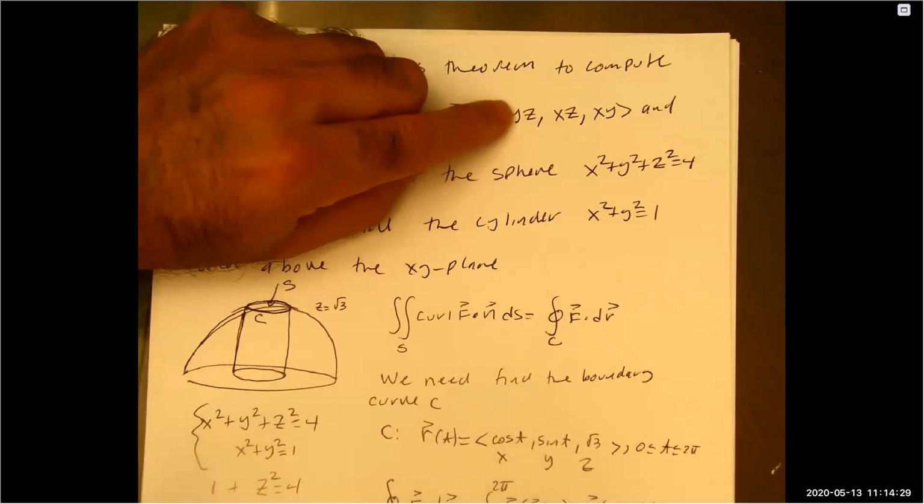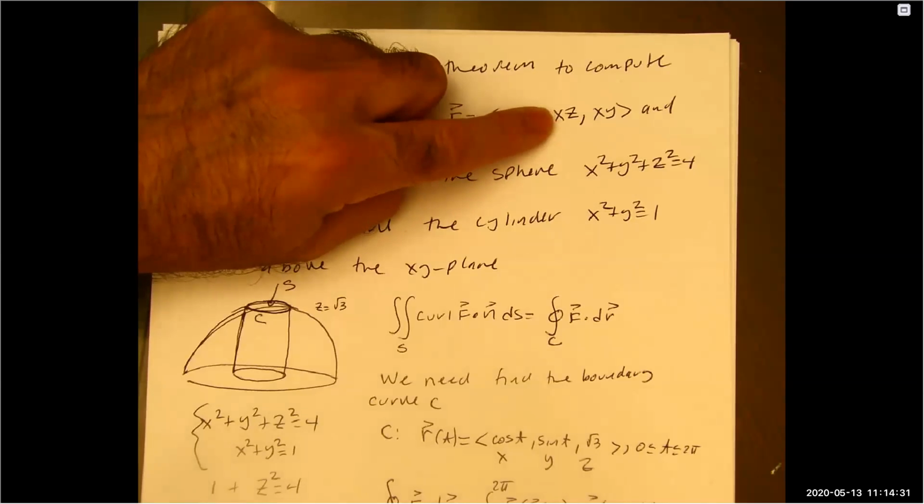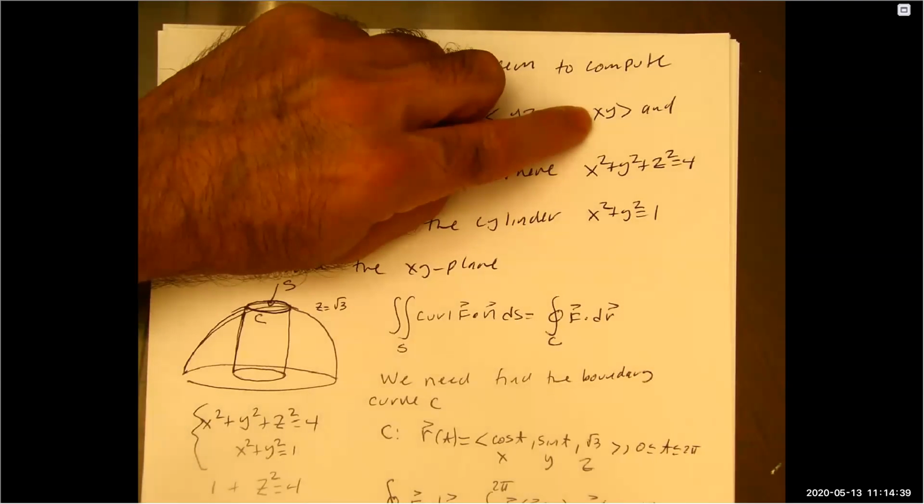And then xz is going to be cosine times root 3. So I'm going to have root 3 cosine t. And then xy, x is cosine, y is sine. So we're going to get cosine sine, which is the same thing as 1/2 sine of 2t.